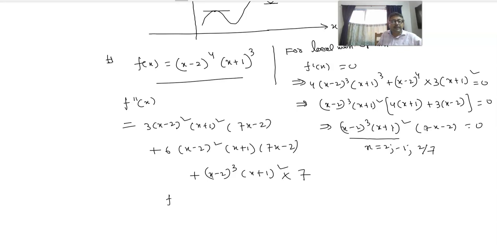So let us find f double dash 2. If you find f double dash 2, these two are coming 0, this is also coming 0, this is 0. So neither maxima nor minima. But when there is neither maxima nor minima, that is called a point of inflection. F double dash minus 1, first two parts 0, second part is also 0, so answer is 0.